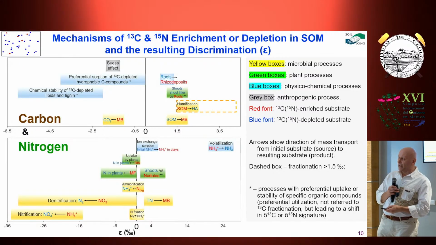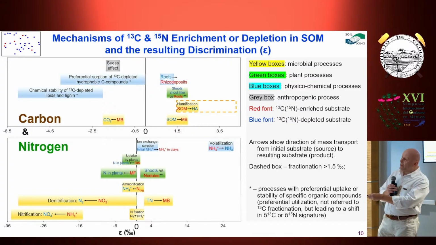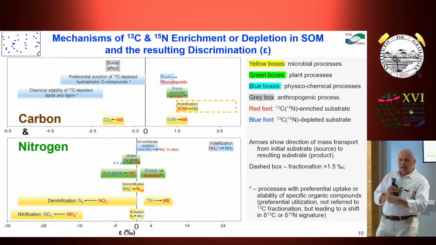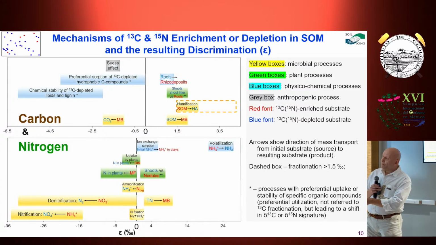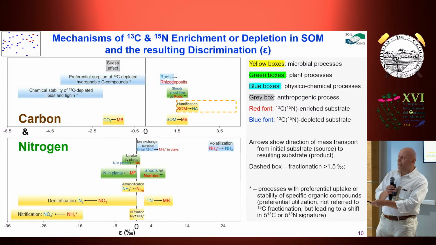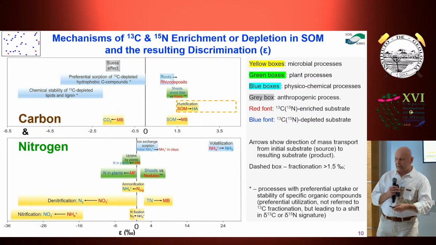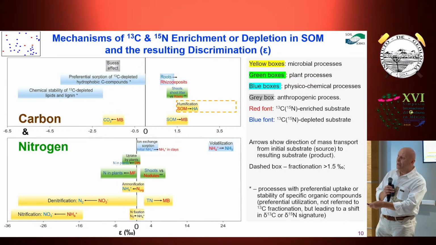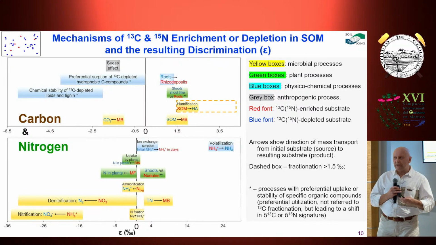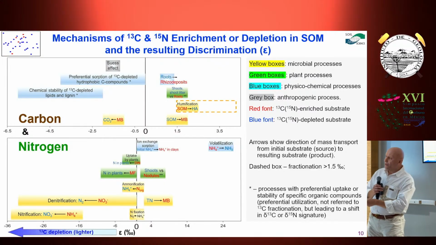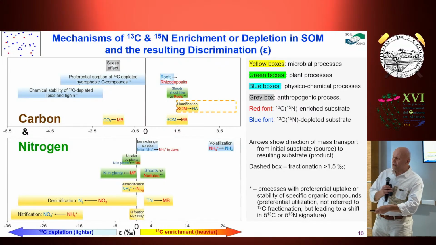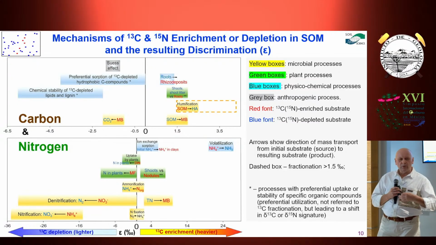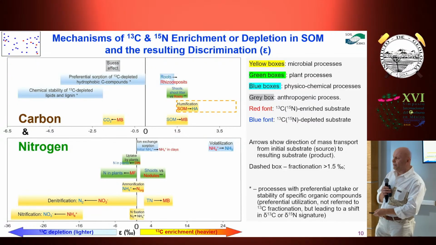termed as discrimination. It means if this is, for example, the 0 line for the sources, and then from the source, from organic material, microbial biomass respires something, then carbon in the CO2 will be depleted. So it means in this direction, it is going depletion, processes leading to the depletion of carbon-13.